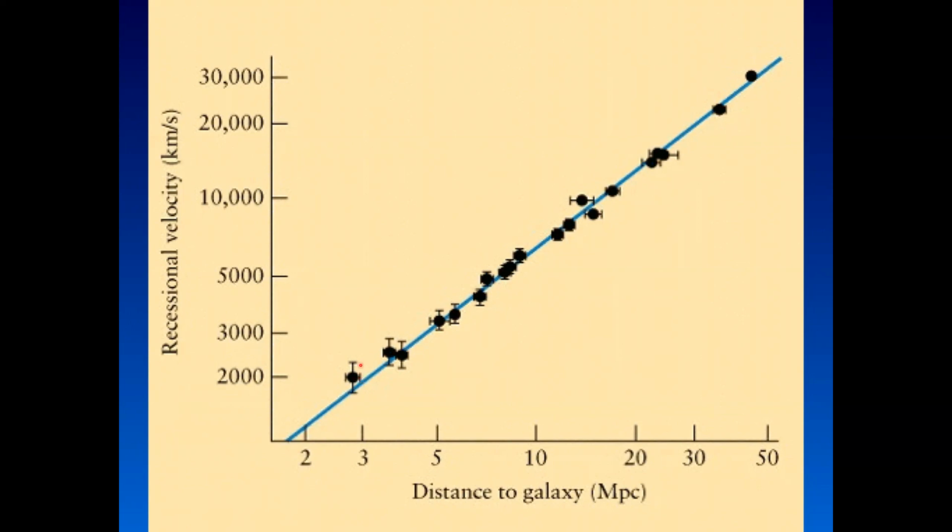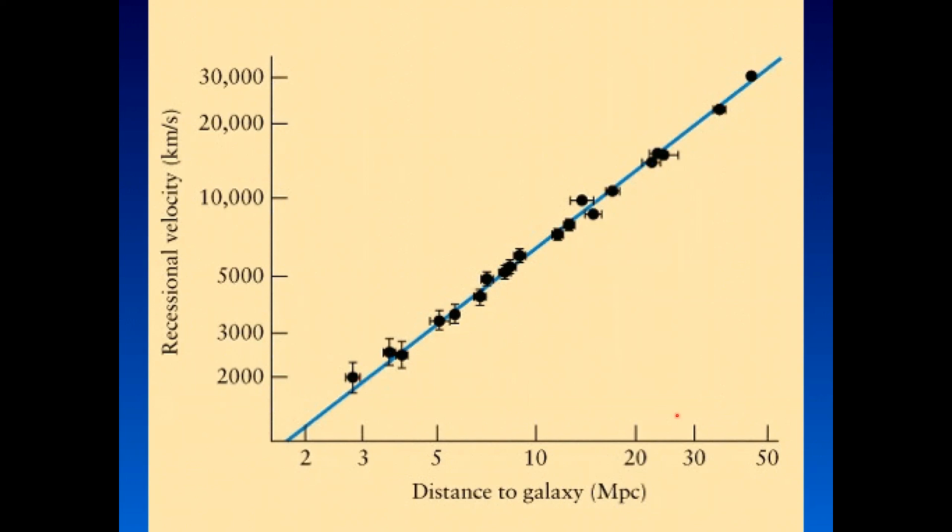Now, for example, if you take this particular data point right here, the distance to that galaxy is very close to 3 megaparsecs, maybe a little bit less than that. And the recessional velocity is close to 2000 kilometers per second.